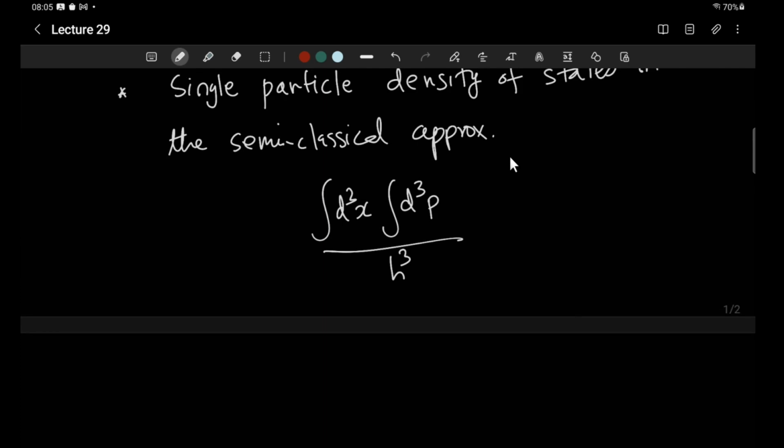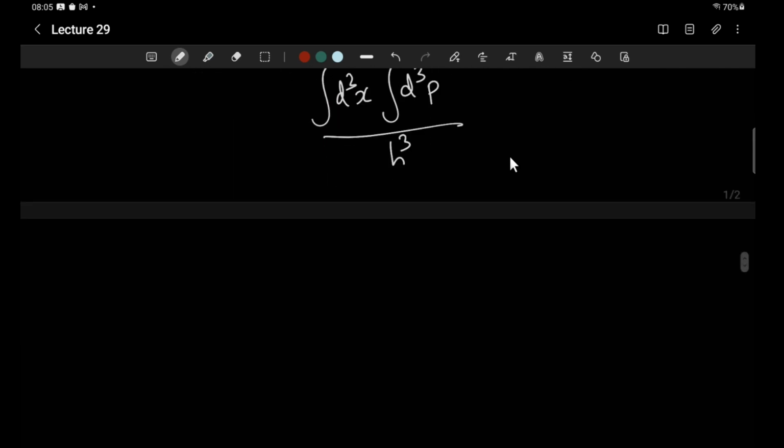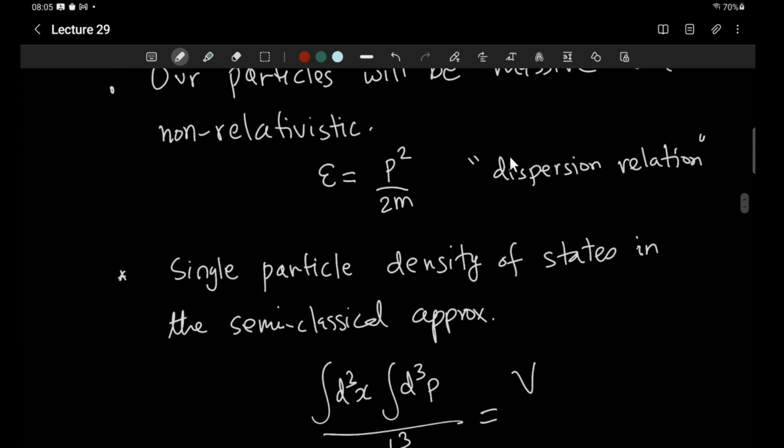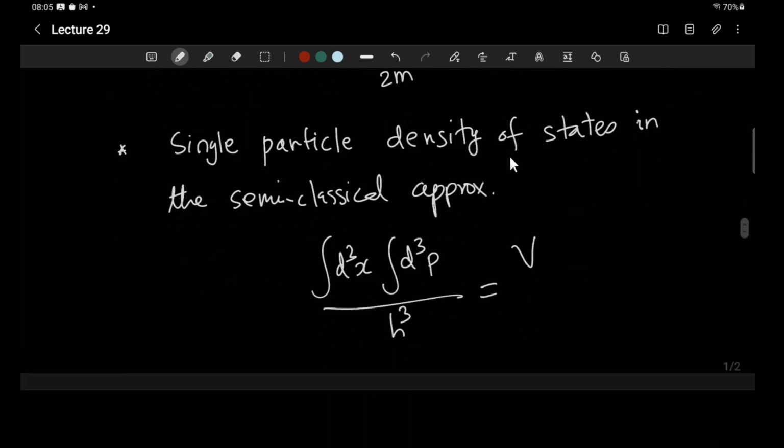It's a gas in a box of volume V, so the x integration will just give us a volume factor. Since the energy is only a function of the magnitude of the momentum, we can integrate out the angles, so that will give us a 4 pi integral p square dp.